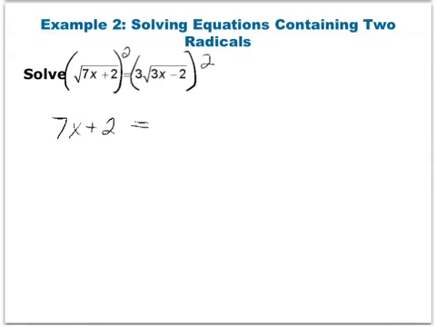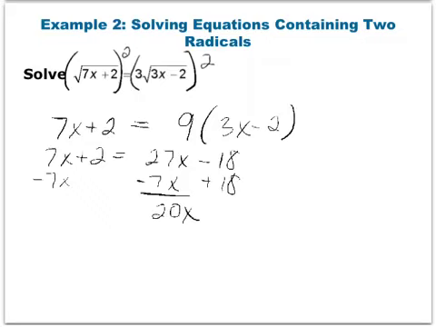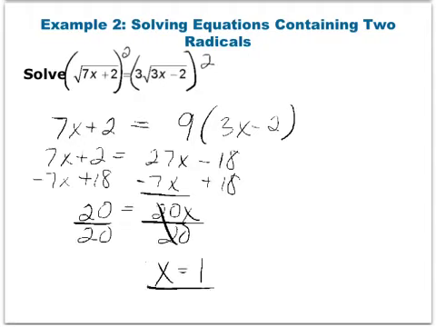On the right side, 3 squared is 9, and then 3x minus 2. We're going to simplify. 9 times 3 is 27 minus 18. Get all the variables on the one side. Plus 18. Solve for x. X equals 1.